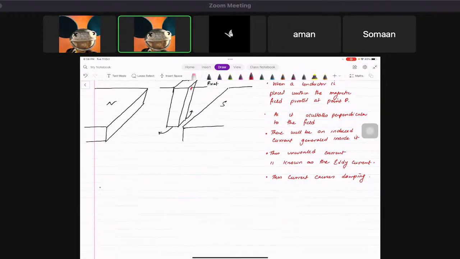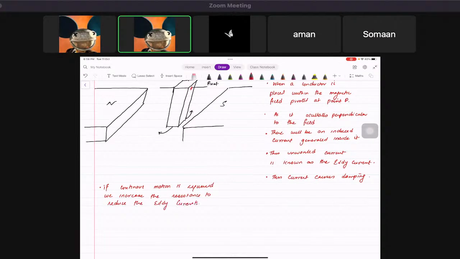So if continuous motion is required, then we increase the resistance to reduce the eddy currents.